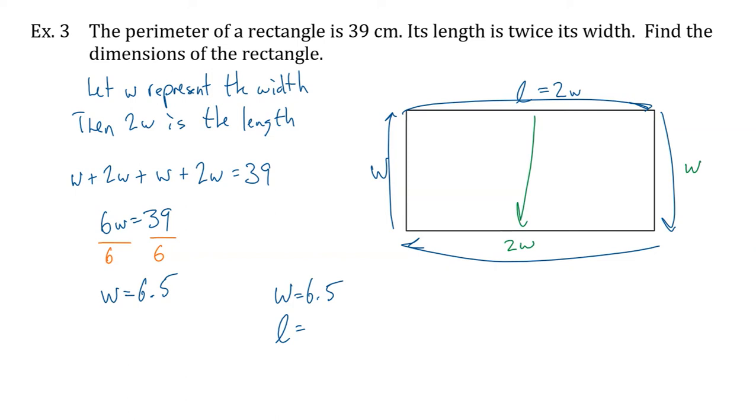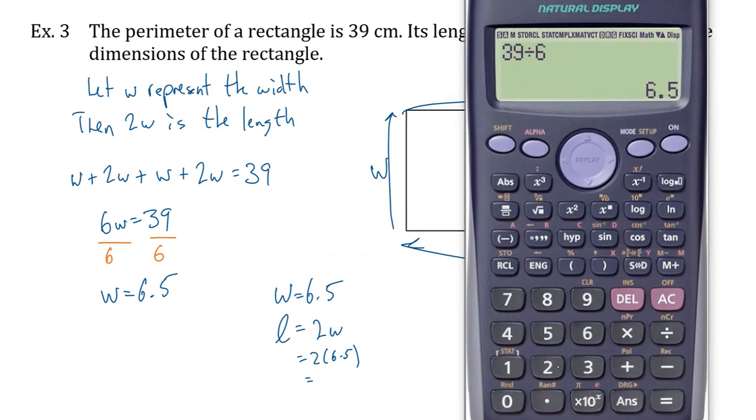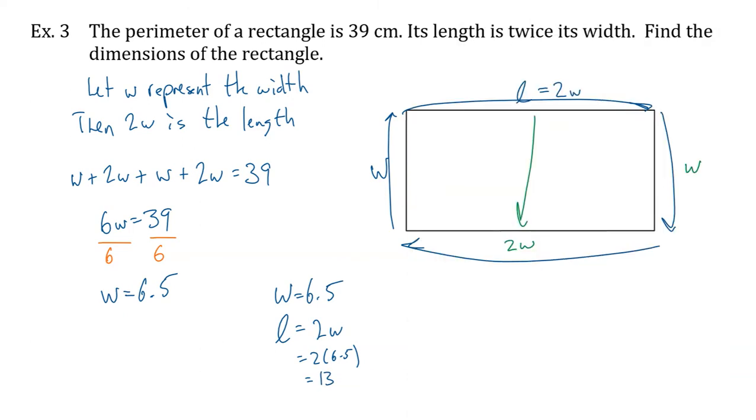Oh, 13. Yeah, 13, good. But we can also just do 2 times 6.5, right? Or I could even write it as 2W, which is 2 times 6.5, which does work out to 13. And again, as we've talked about, you could imagine the numbers, if they were even less friendly, those ones aren't too bad. You might be able to do it in your head, but if you can't, use your calculator.